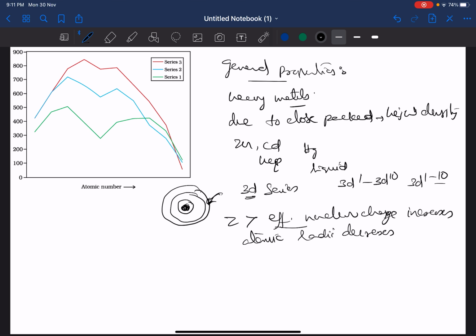And next, due to the involvement of a greater number of electrons from the n-1 d and ns orbitals in the interatomic metallic bonding, the melting points rise to the d5 configuration. We have already known the melting point rises to d5 configuration, and next gradually decreases after the d5 configuration.